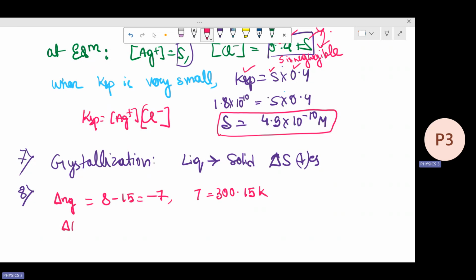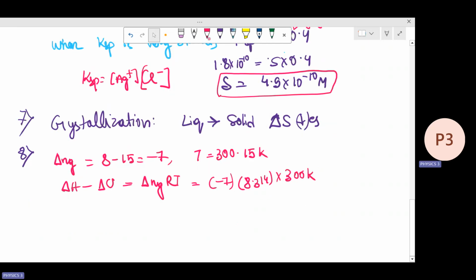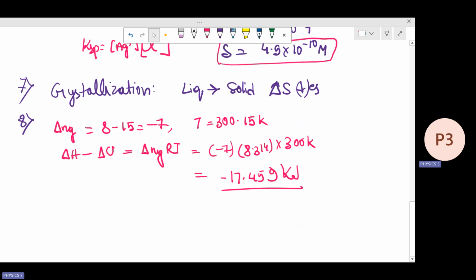Finally, we know the formula delta H minus delta U equals delta Ng RT. This will give me minus 7 into 8.314 into 300 Kelvin, which will give me minus 17.459 kilojoule.